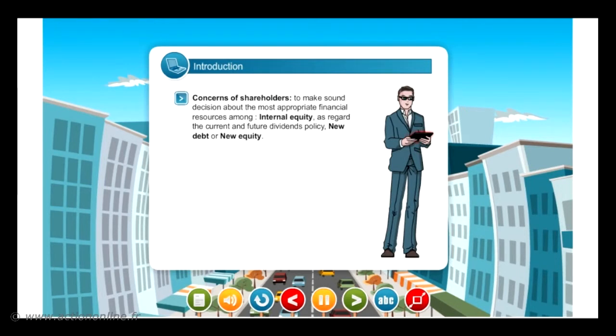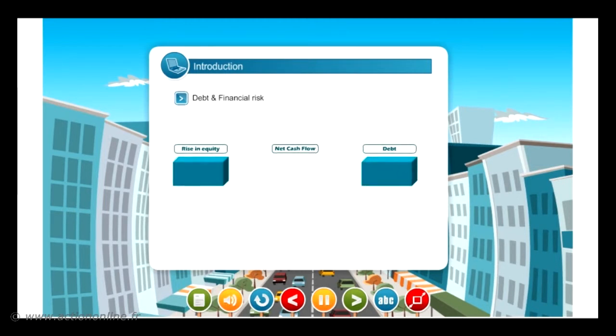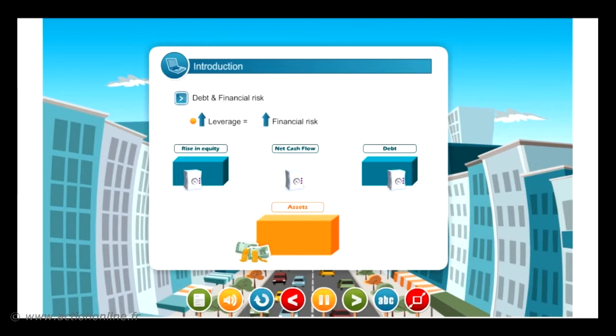The shareholders' concern is to make sound decisions about the financial policy of the firm, that is to say, to select the appropriate resources among internal equity, cash flow, as regards the current and future dividend policy, new debt or new equity. Before examining which ratios may be relevant to estimate the risk, let's remember that an increase in debt leads to an increase in the financial risk of the company, and then to an increase in the shareholders' risk, i.e. bankruptcy risk.